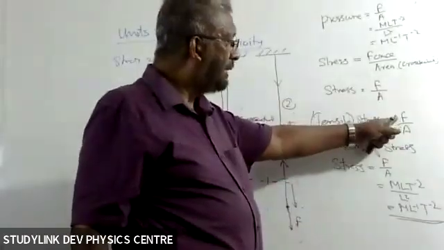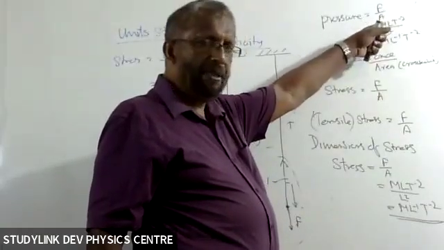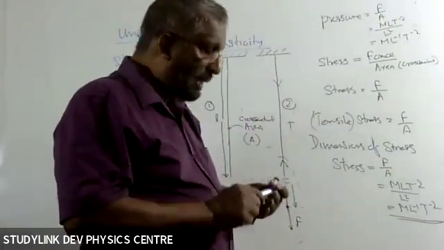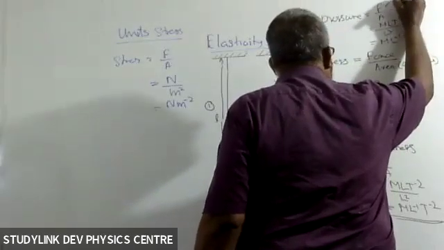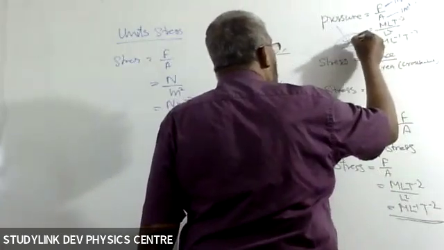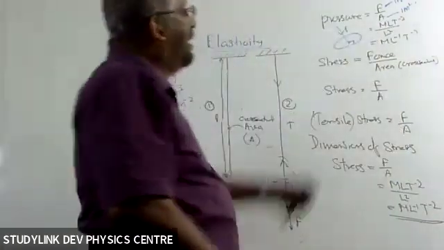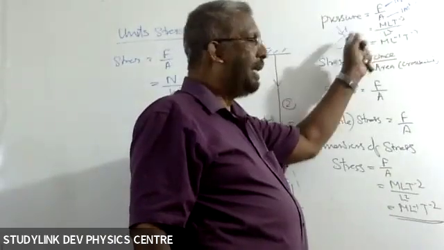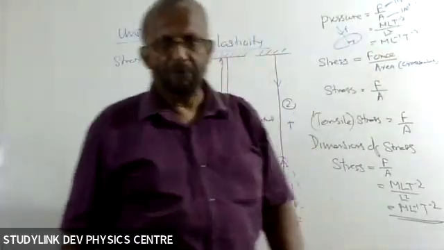When a force of 1 Newton is exerted perpendicularly on a surface having unit area, normally we can define a new unit. Here, the SI unit is 1 Newton over 1 square meter, and the force must be applied perpendicular to the area. So when a force of 1 Newton is exerted on a 1 square meter area perpendicularly, the unit of pressure is defined as Pascal. That is 1 Pascal.